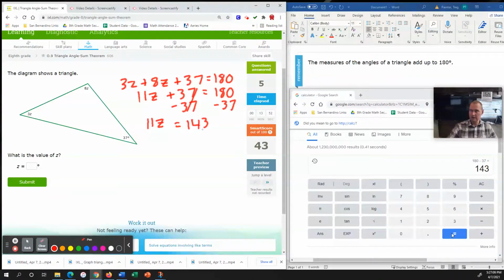So our last step here is we need to figure out, what's 143 divided by 11? And that's going to give us 13. So here we go, finish it out. Divide by 11, divide by 11. z equals 13. So our value of z is 13.